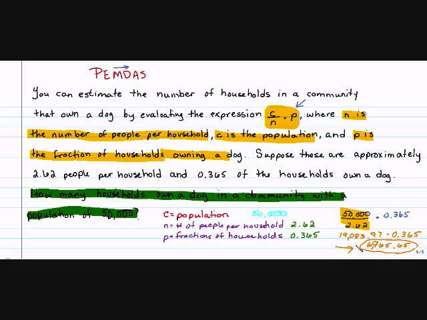And what that tells me is how many households own a dog in a community. If there's 50,000 people in a community, roughly 6,965, or 6,966 if you round up to the whole number, will own a dog.